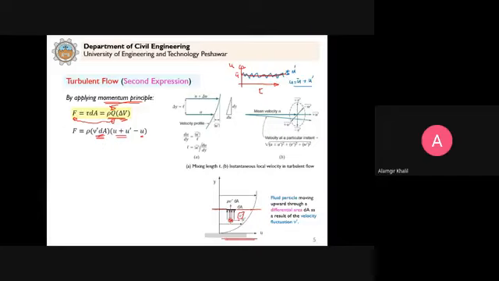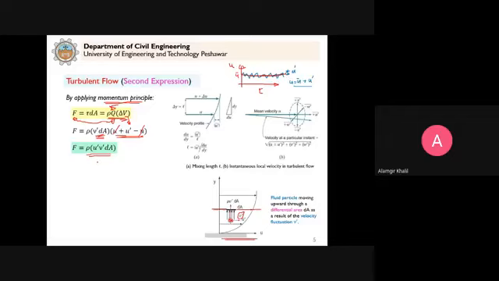So this is how delta v comes, u plus u dash minus u. When we simplify this equation, this u and this u cancel out. Clear? And we are left with rho u dash v dash into dA. This is the force. Clear?